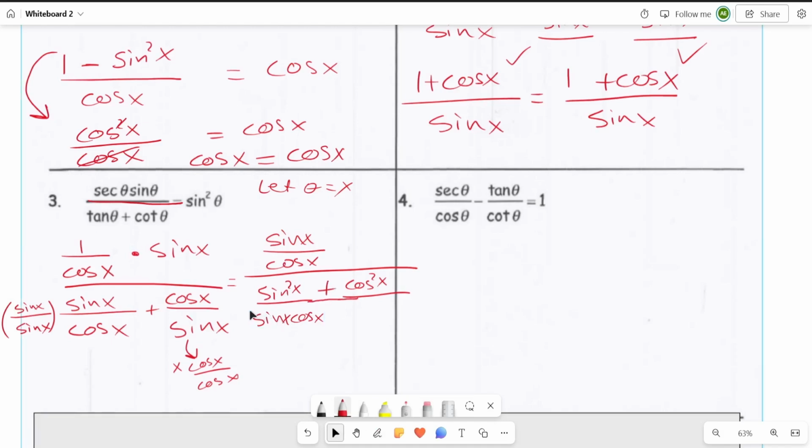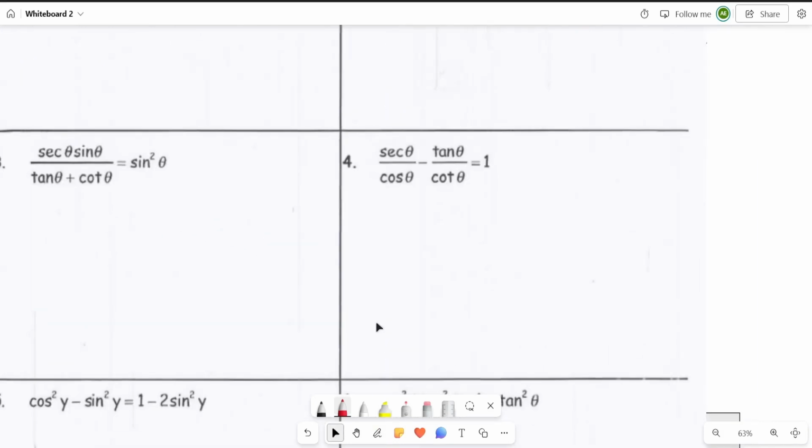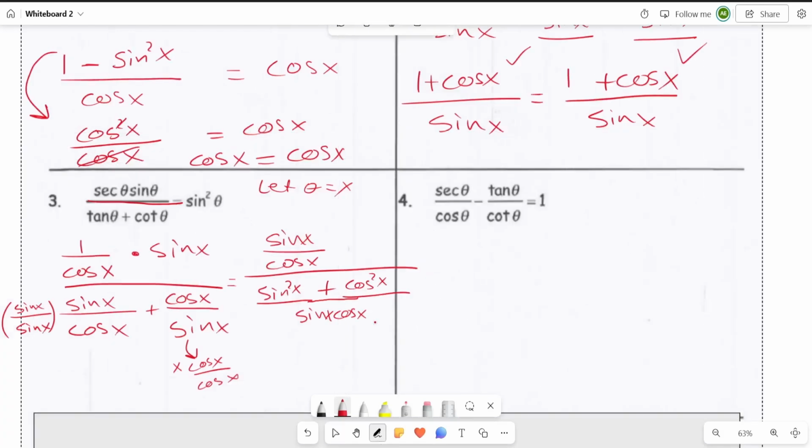So this is what I will have till now. Let's continue from here.